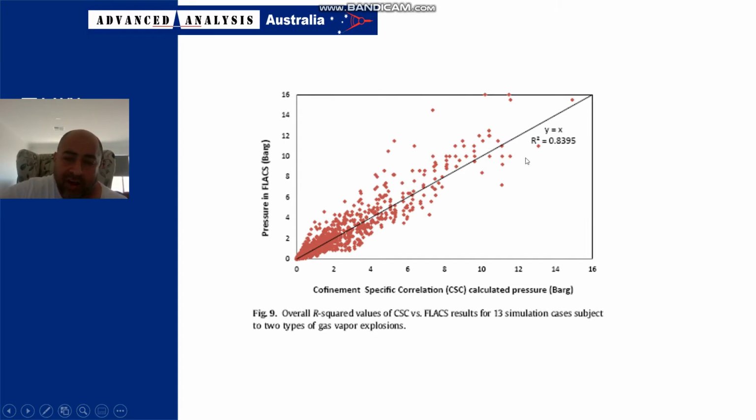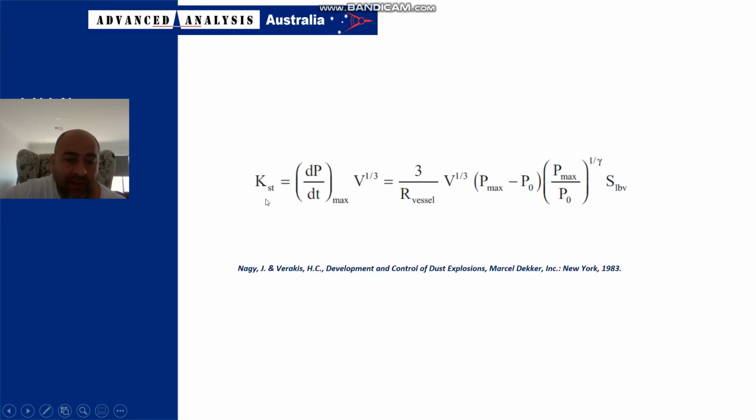And you can see here, the R squared was about 84%. So this method is what is used for gas explosions as the source. For dust, we obviously use the standard method that uses KST and the volume of the gas cloud, or the volume of the vessel, and that's listed in many papers. I think it was first mentioned by Nagy.